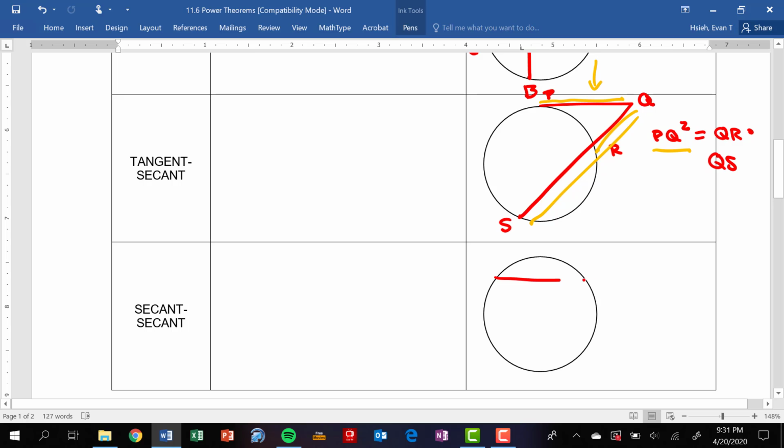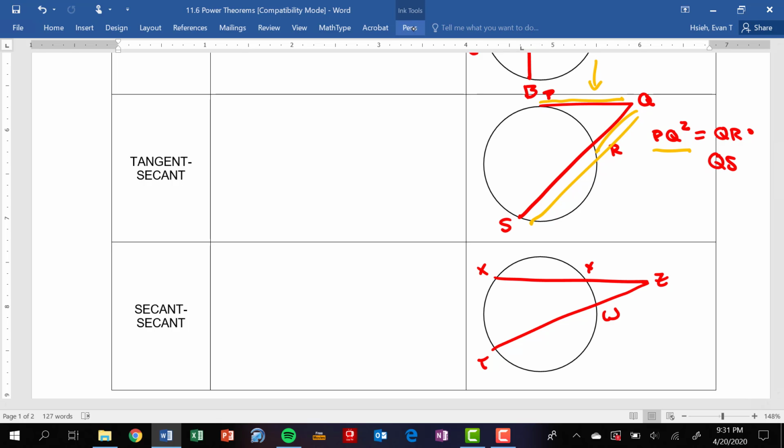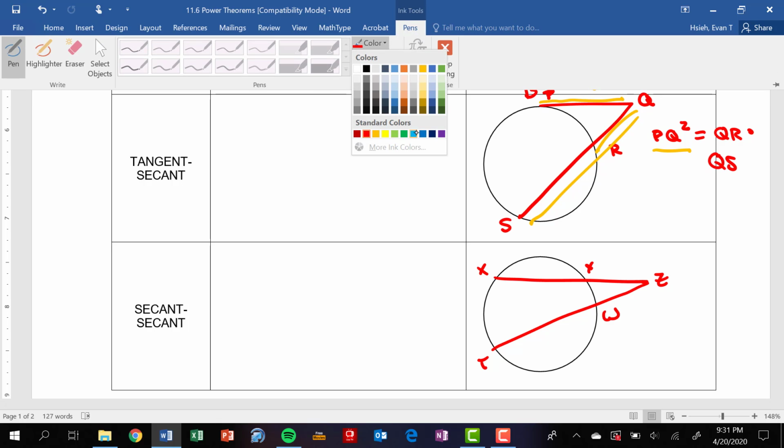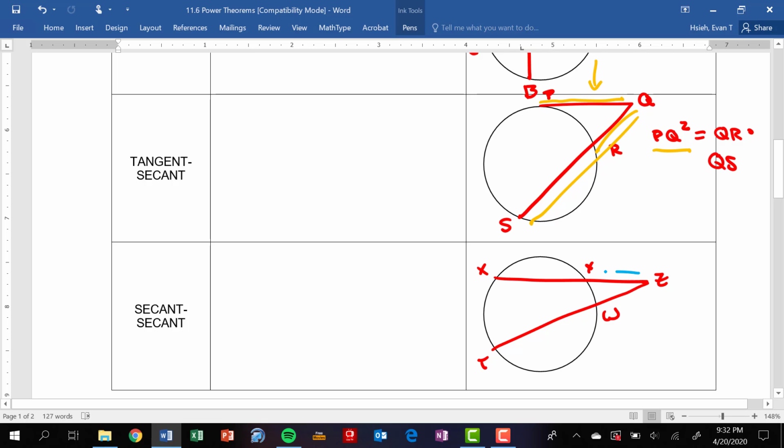So if I draw the secant and a secant like this, X, Y, Z, W, and T. And this is sort of like sunshine also. It's going to be short shadow times long shadow equals short shadow times long shadow, like that.